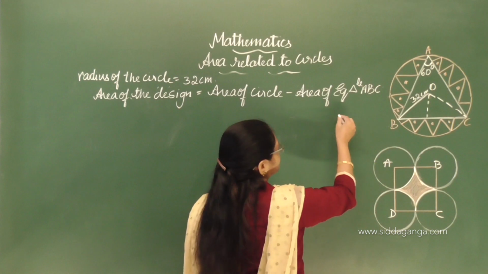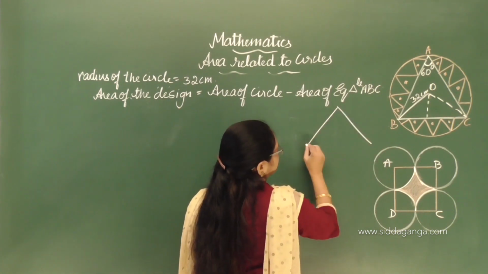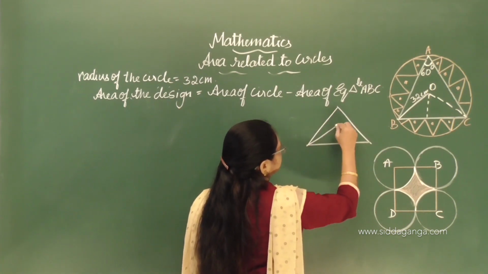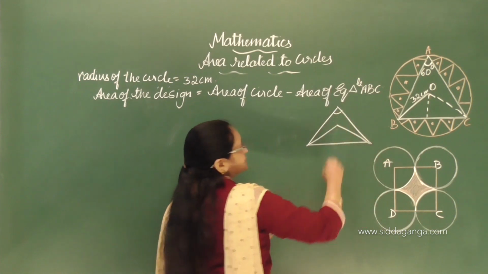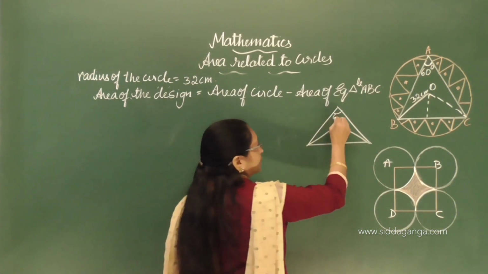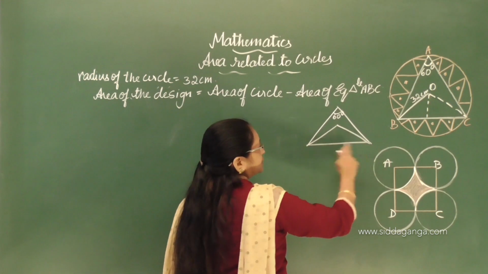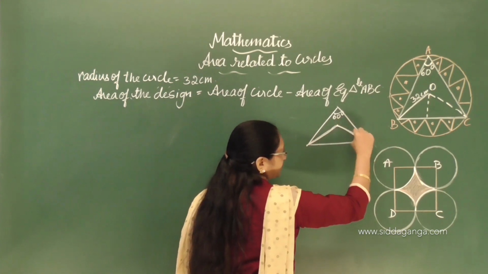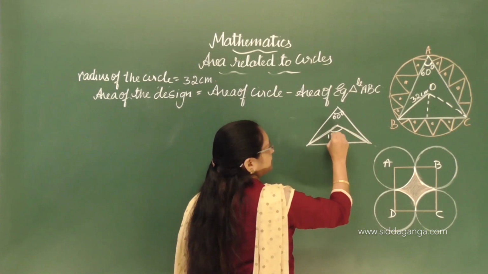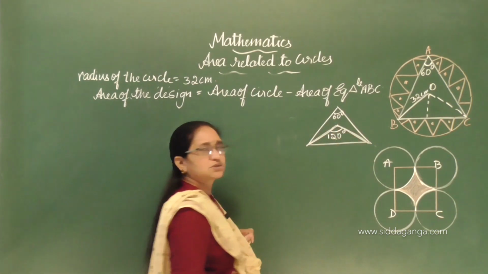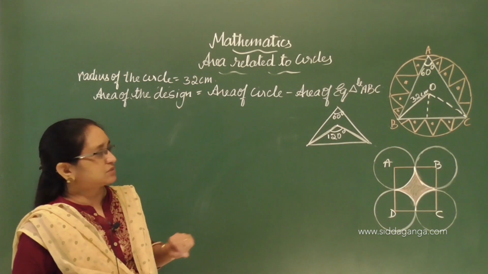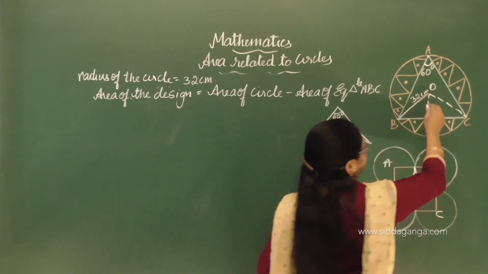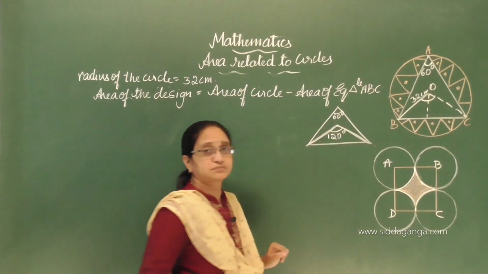This chord is actually subtending. See here, this is 60 degree and if the same chord is subtended at the center, then it will be double. I hope you can recall this concept. That will be 120. So this angle will be 120.